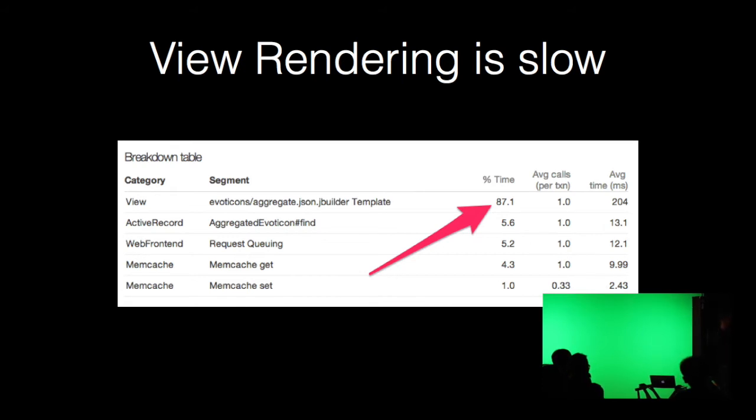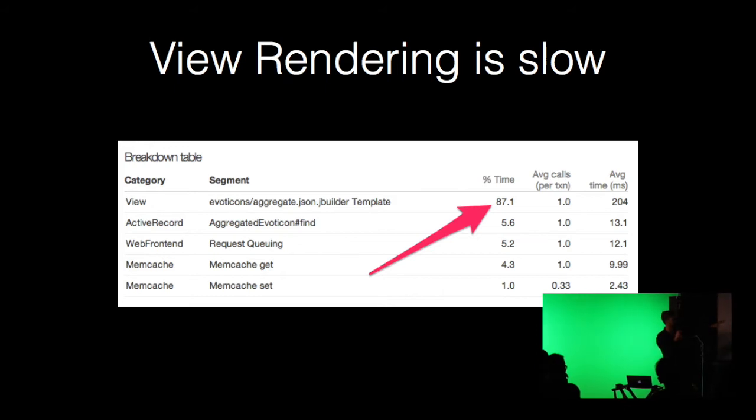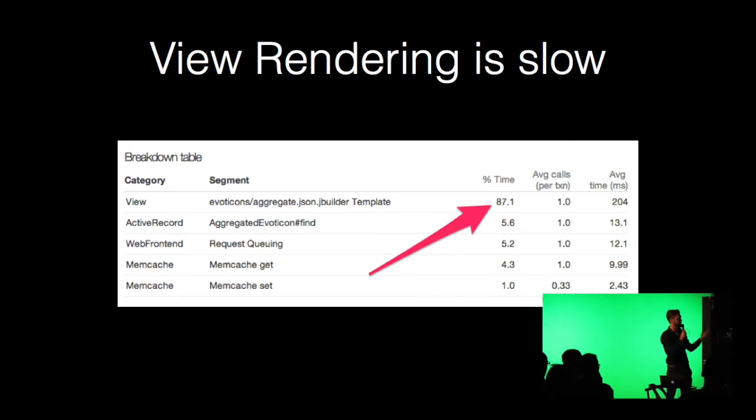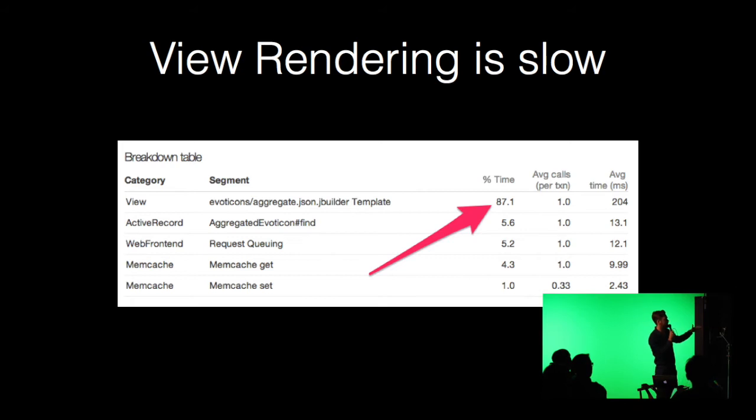In other words, it averages out to 200 milliseconds. It takes about 200 milliseconds to get the data that is already in memory and put it in the template. I don't know why it's taking that long, but it takes maybe 13 milliseconds to get the data from the database. Request queuing is about 12 milliseconds, but it's 200 milliseconds here, and that is pretty significant time.